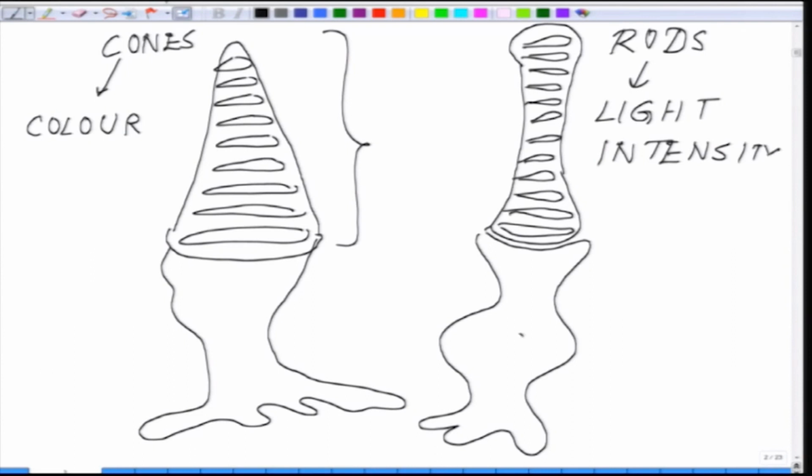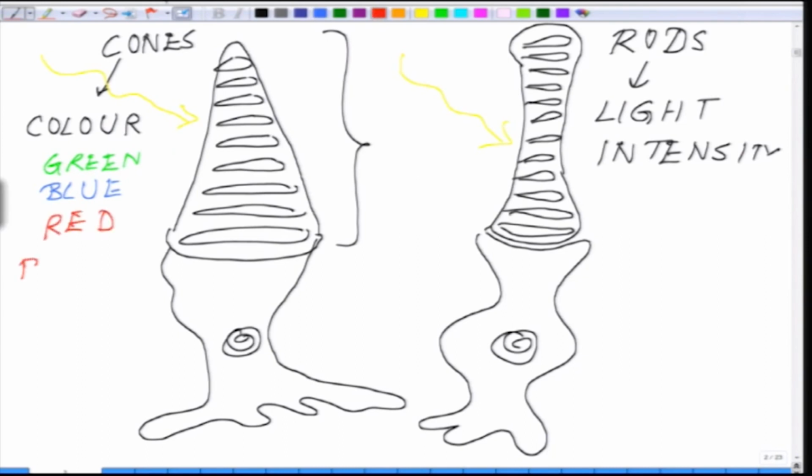This is where they have the nucleus, and the way it works is, this is where the light falls. The cone is the one which could distinguish between colors; it could be a green cone, a blue cone, or a red cone, almost like R, G, B coding. So, the different wavelengths are what these could distinguish.